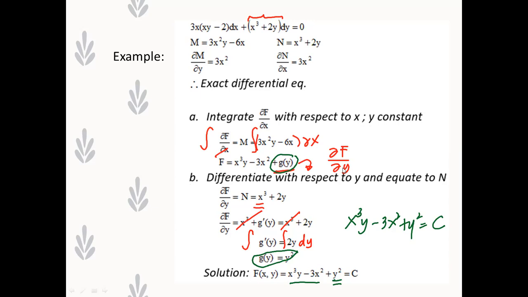So when you differentiate with respect to y, this one, the 3x squared, will be considered a constant, since y is what you are differentiating. So the second term will be 0. And if you differentiate the first term with respect to y, your answer will be x cubed. So this is x cubed plus this one is 0, the partial derivative with respect to y.